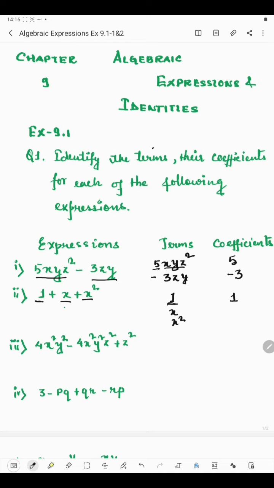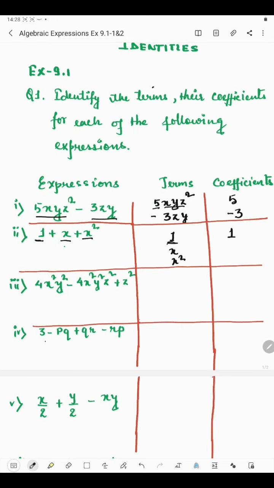Okay, now we will write the coefficient of x. Coefficient means a number multiplied with a variable. So here we have the variable x. What would be the coefficient of x? Here x is given one time, that means we never write 1x, right? If it is given one time, we don't write the 1, we just write the variable.